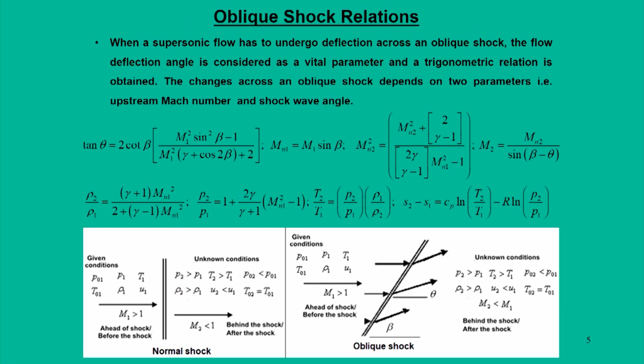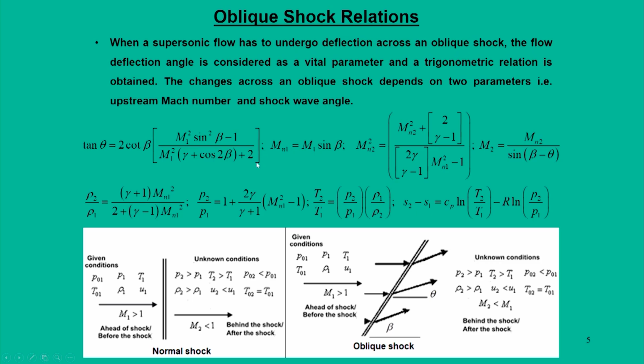In our last segment, we derived the oblique shock governing equations, and they are controlled by certain parameters. For the oblique shock, the upstream conditions are supersonic, and the downstream conditions are unknown, but have much higher values than the upstream values. The main controlling equation for this oblique shock is tan theta equals 2 cot beta times (M1 squared sin squared beta minus 1) divided by (M1 squared times (gamma plus cos 2 beta) plus 2).